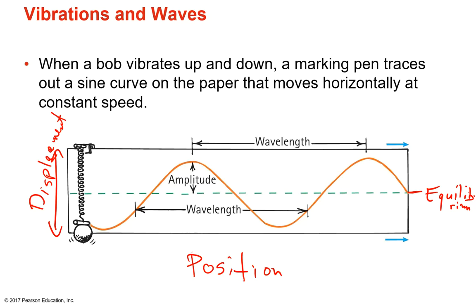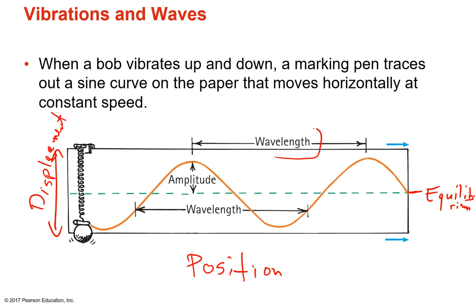So here's what has to be going on for this picture to make sense. I should just use my own instead of this one because it's a poor example. This is supposed to be oscillating up and down, and this is moving side to side. That's what the picture is supposed to be illustrating because it is a moving oscillation. But of course, you would rarely have your spring moving along.